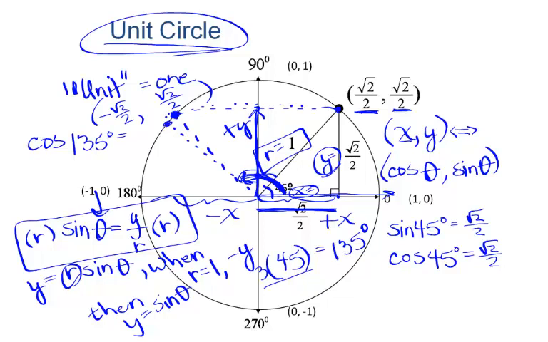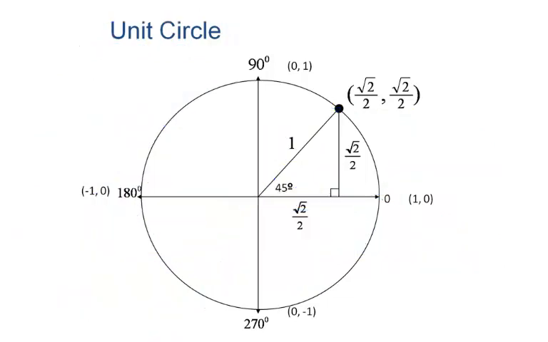Well, based on the work that we just did, doesn't it have to be negative root 2 over 2? If I ask you what the sine of 135 degrees was, doesn't it have to be positive root 2 over 2?